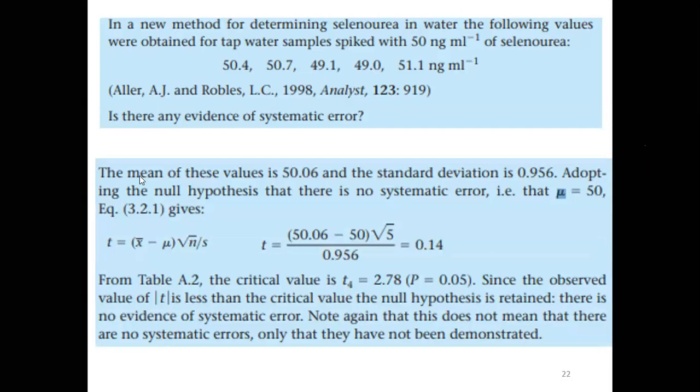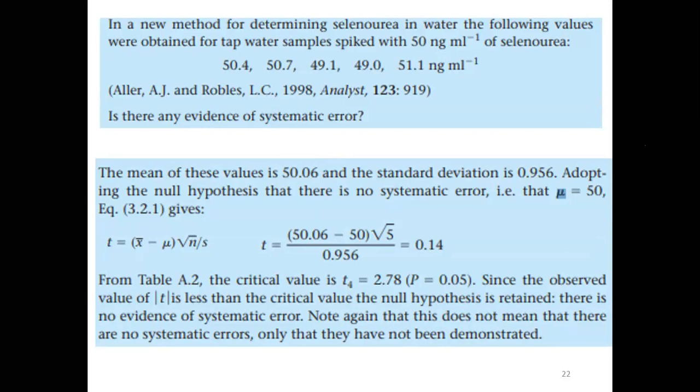First, we have to calculate the mean, x bar. The mean value is 50.06 and the standard deviation is 0.956. You can do that calculation and find the mean and standard deviation.